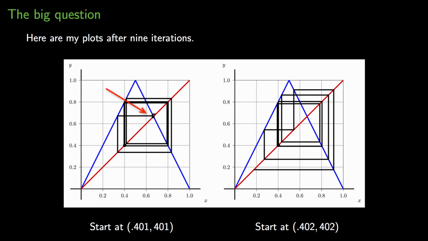The left plot is cycling around that little intersection point. The right plot doesn't even know where it's going. So things have gone off the rails completely. We only started 1/1000th of a point away, and even after only 9 iterations, these pictures look completely different. So this is a visualization of what chaos in a system can look like.